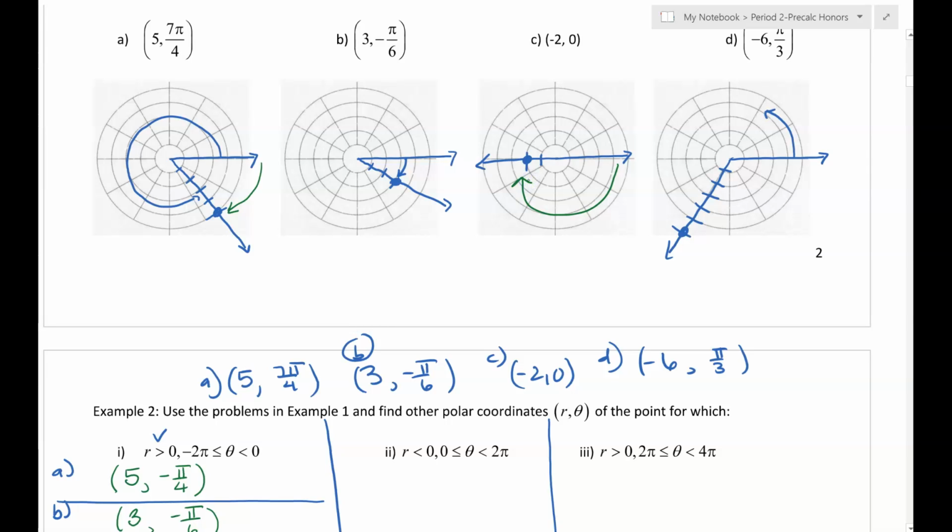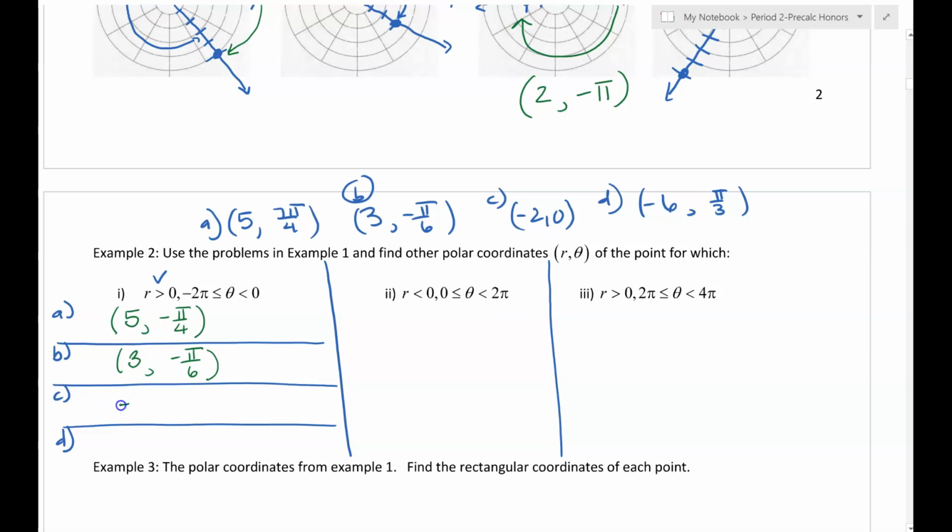And all we have to do, if we go a negative pi already, then that is our negative angle. And if we do a positive 2 radius, then we don't have to go the other side. So we will write positive 2 radius. So this 1i here, all of the radius got to be positive and all the angles got to be negative. But it should still give us the same exact location, okay?